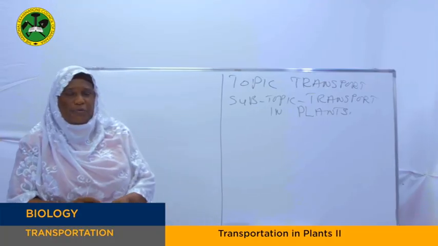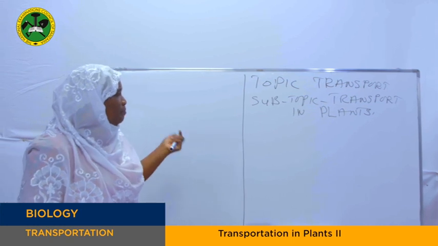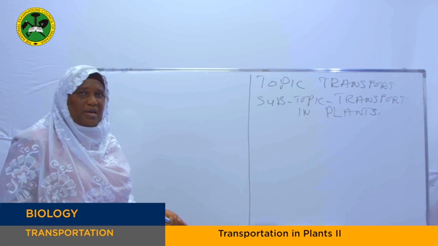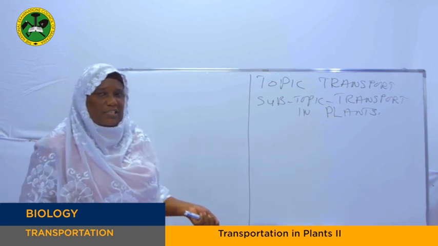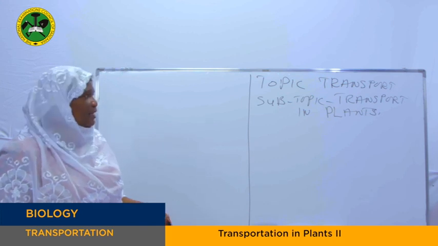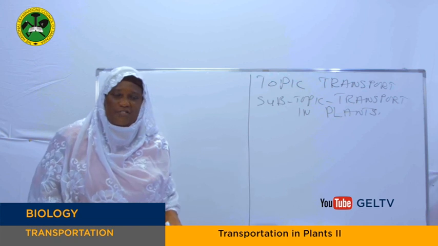Okay, last time we saw transport in plants based on vascular tissues. We described the structure of vascular tissues, that is xylem and phloem. We also discussed the adaptations of each vascular tissue to its function.